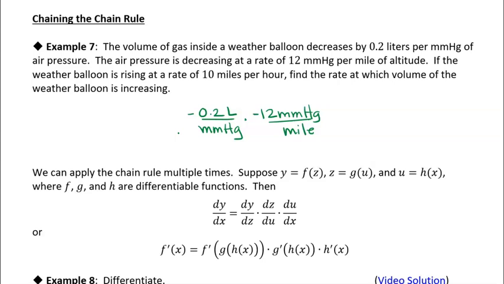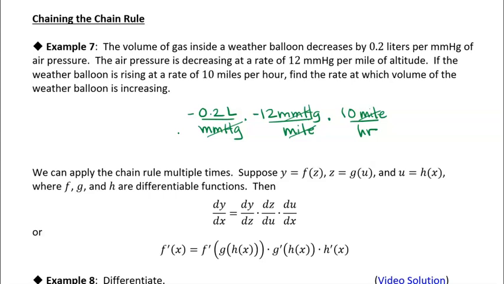So it's another negative rate. And then the weather balloon is rising at 10 miles per hour. Okay, so just by using unit analysis, we can multiply these rates, and you can see that what we'll get is liters per hour.